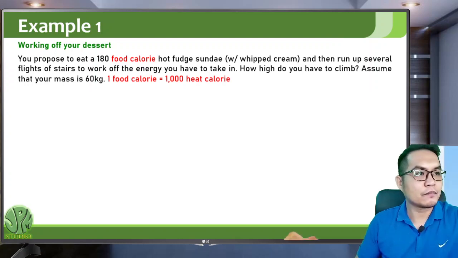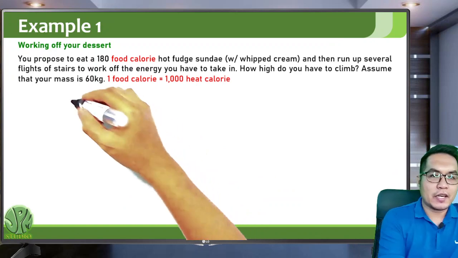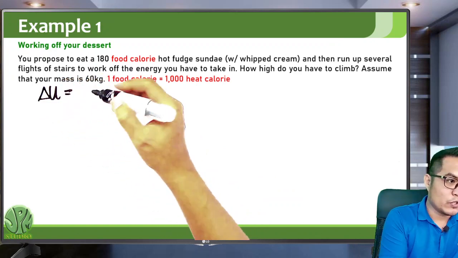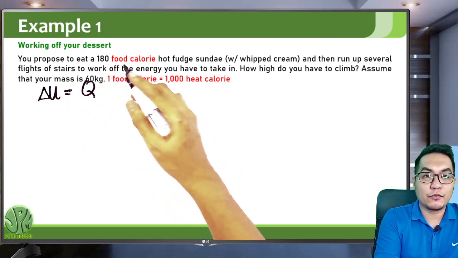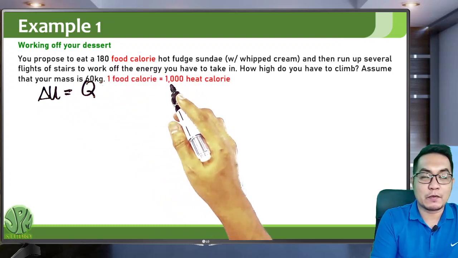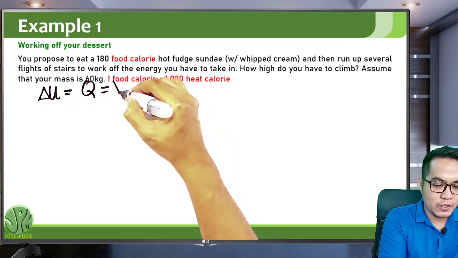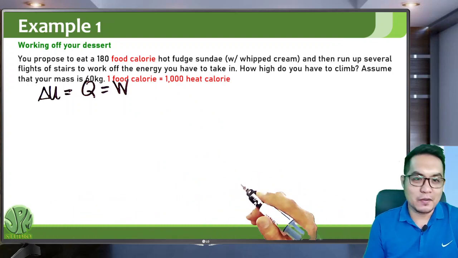So in this case, your change in internal energy must be equal to zero, which means the heat that you absorb, which is 180 food calories times 1,000, so that's 180 kilocalories, must be equal to the work that you must do in order to burn all of those calories.